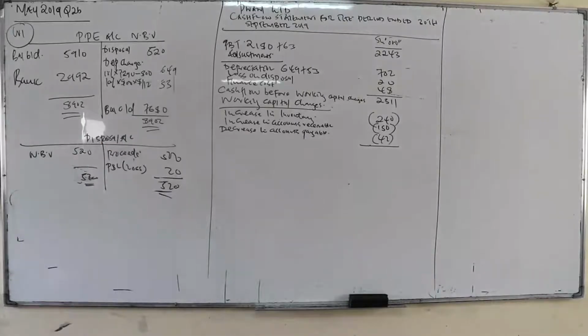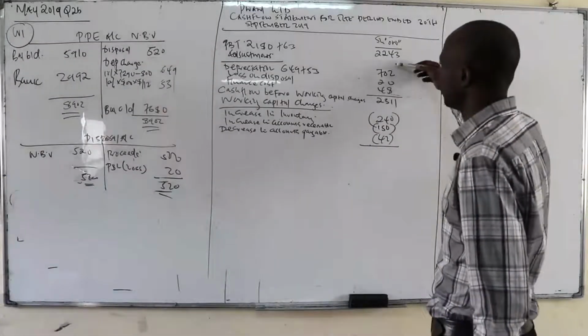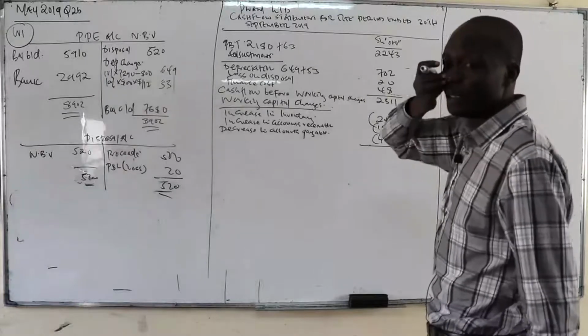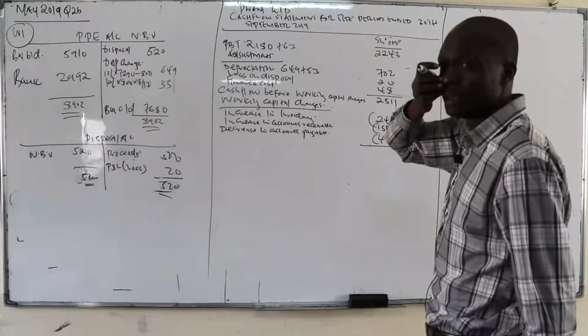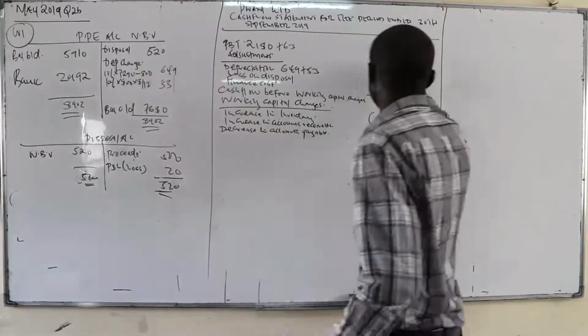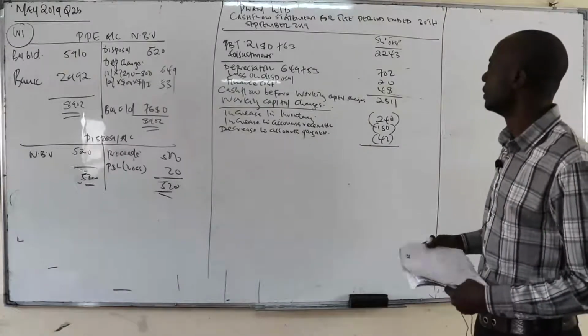What do you get? So 702, we add. This 2243, we add all of those. We get this. How much do we get? Are you sure? We add this and this and this and this. We get 3013.